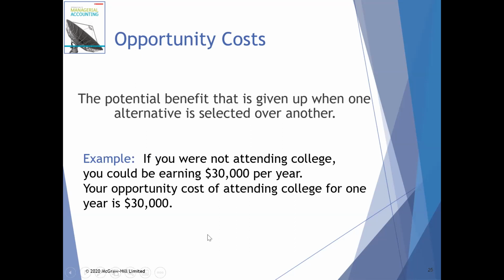Look at this. For example, if you were not attending college, you could be earning $30,000 per year. Let's say you left college and every month you earn some amount of money, maybe $15,000 for 1 year is $30,000. Your opportunity cost for attending college for 1 year is $30,000.